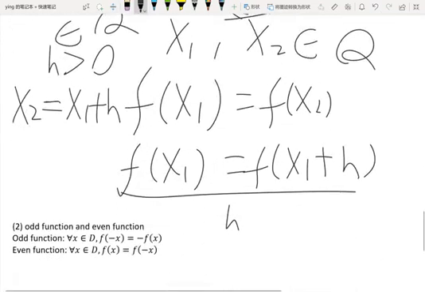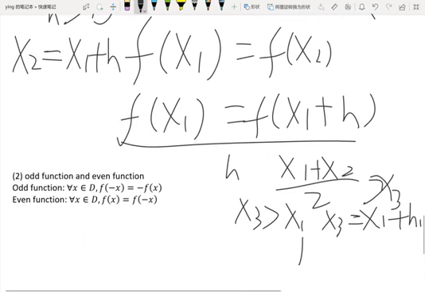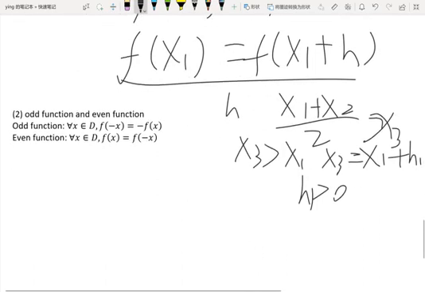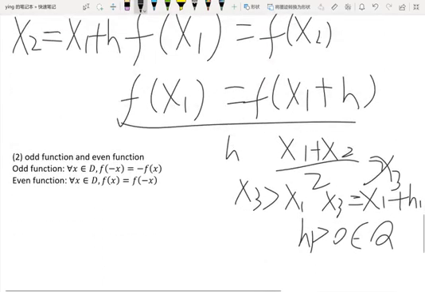However, do not forget that we can also take the average of x1 and x2. Now, I'll denote that by x3. Because x2 is greater than x1, x3 must be greater than x1, and thus this relationship stands. And h1 is greater than 0, and is a rational number. Because x1 and x2 are both rational numbers, the average of them is also a rational number.